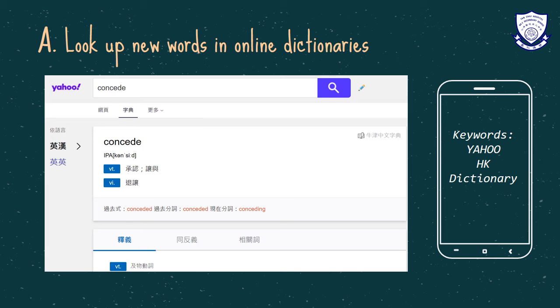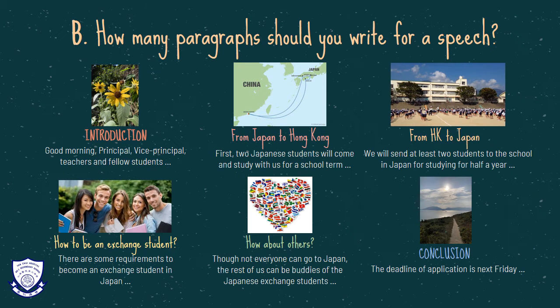And here is just a picture, it's just a screenshot. But in actual browsing, you can see quite a lot of examples, at least 3 or 4 examples, to tell the readers how to use the verb concede. So please do bear this website in mind.